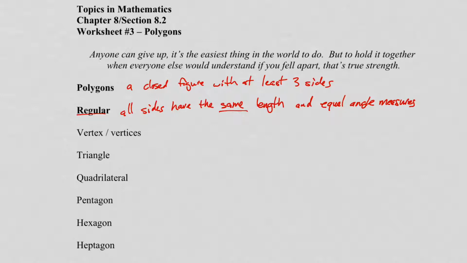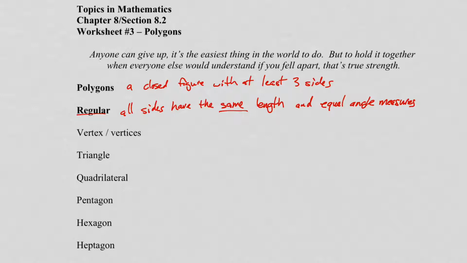Okay, so for example, a triangle, if all 3 sides of the triangle have the same length or are equal, it's called equilateral, and they also have equal angle measures, equiangular. Okay, so that would be 60, 60, 60, 180 divided by 3. So this is just a few examples.